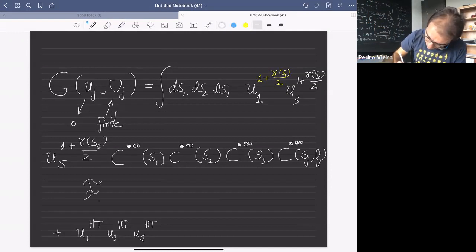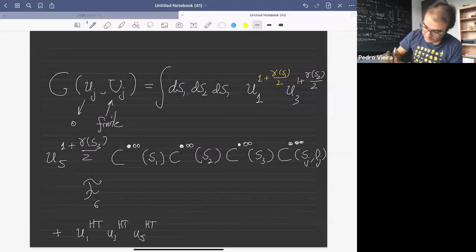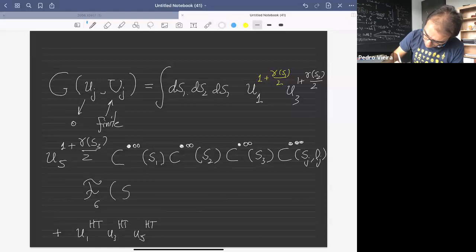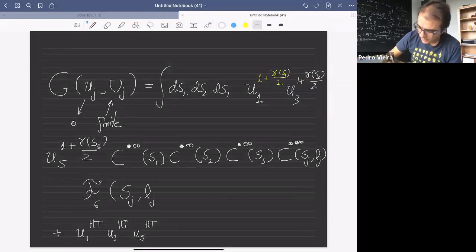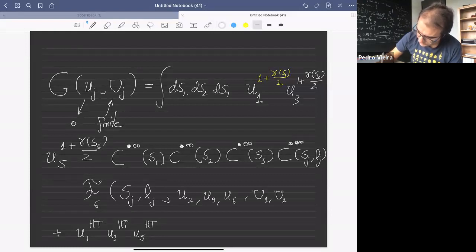It's a conformal block for 6 points, which is a harder beast to describe. This will depend on the spins, will depend on these L's, will depend, we took leading twist, on the cross ratios U2, U4, U6, and on the finite U's, U1, U2, and U3. Okay, and this is just capturing the descendants.